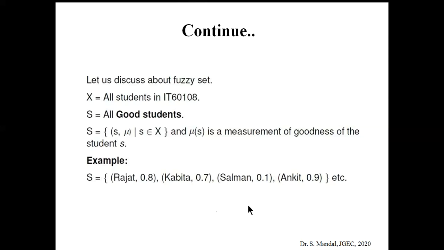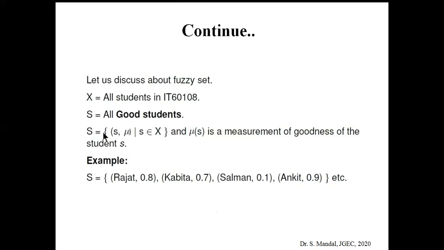Now consider that in the IT class there are students like Rajat, Kavita, Salman, Ankit, etc. So the question arises, how can we define the goodness of a student? To define the goodness of a student, we use a parameter which is known as the membership function that measures the goodness of a student.